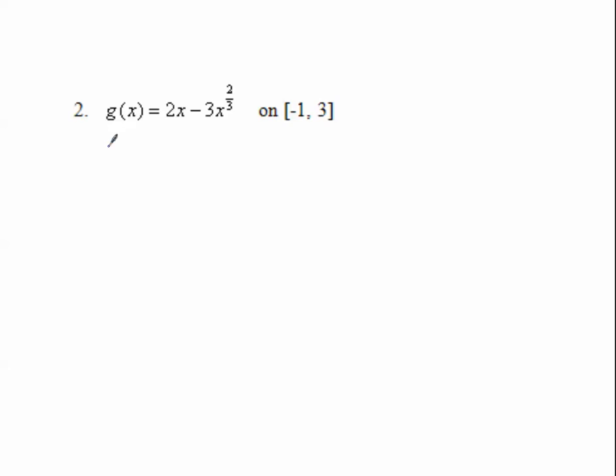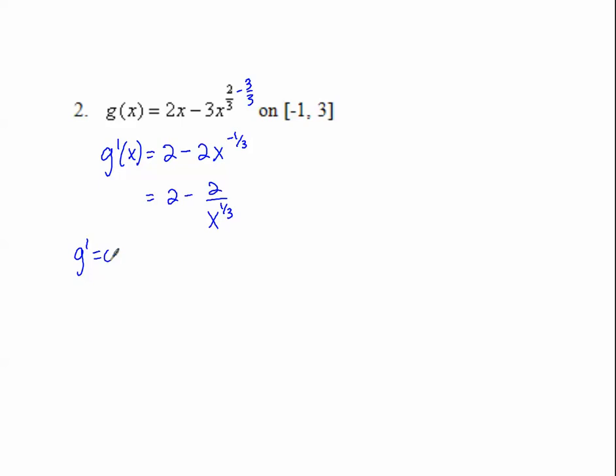Welcome back. Finding critical numbers first. Take the derivative: 2 minus 2/3 times 3 is 2, x, subtract 1 from the exponent, negative 1/3. Move that negative exponent down to the denominator. It looks like that. We can set this equal to 0.